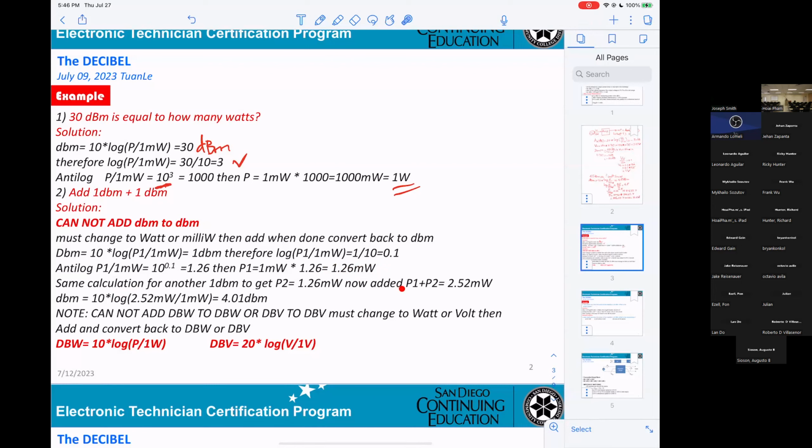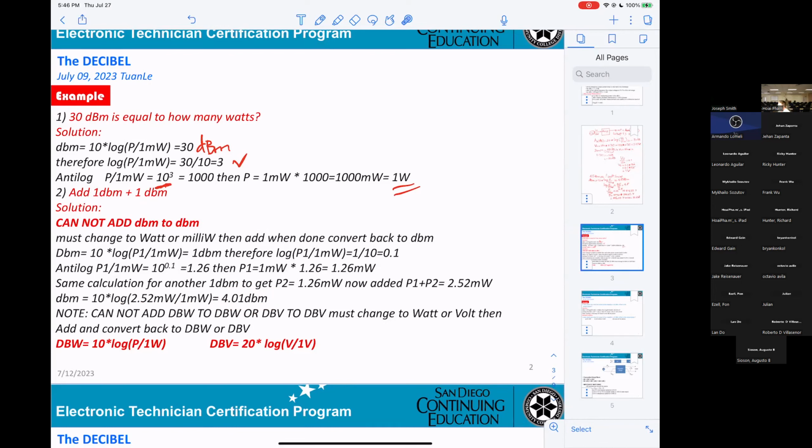Now you add, you get 2.52 milliwatt. Then you take the dBm equals 10 multiplied by log of 2.52 milliwatt divided by 1 milliwatt. That gives you the answer, 4.01 dBm. Okay?